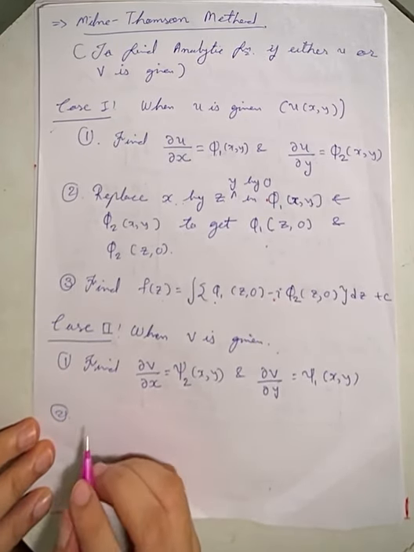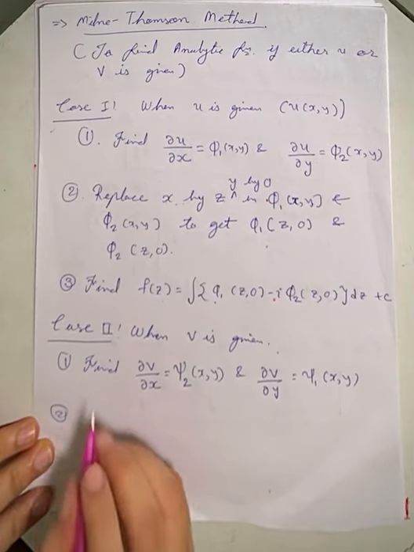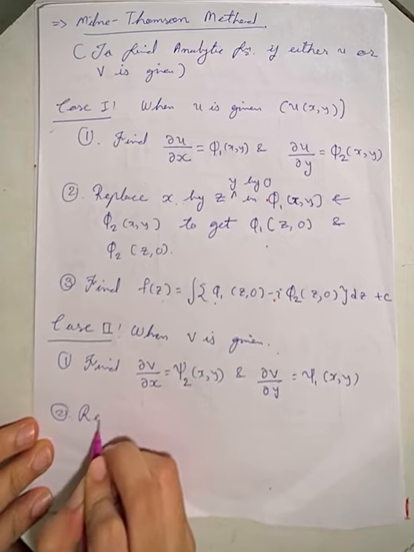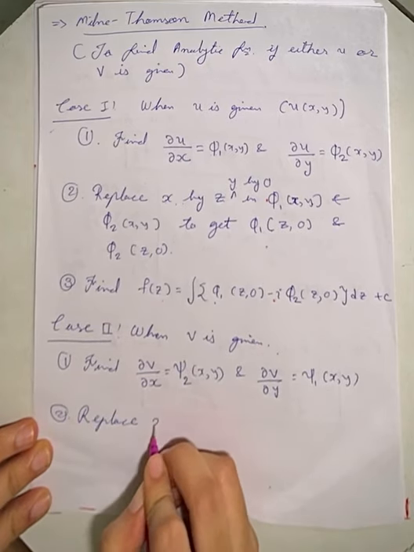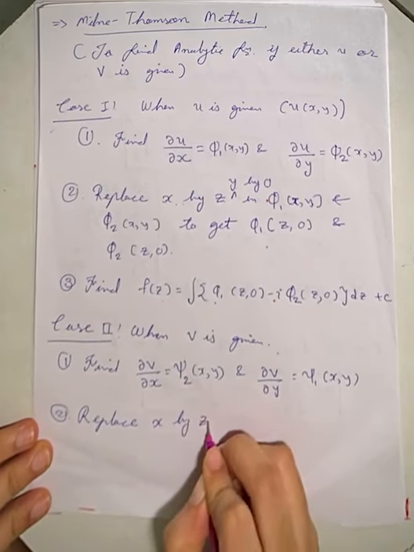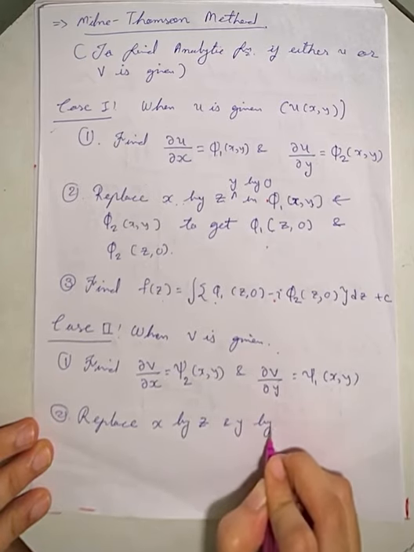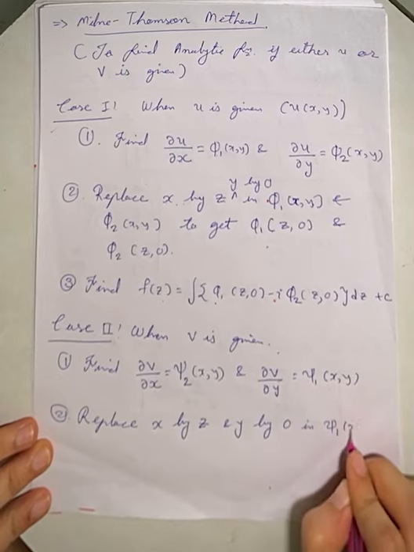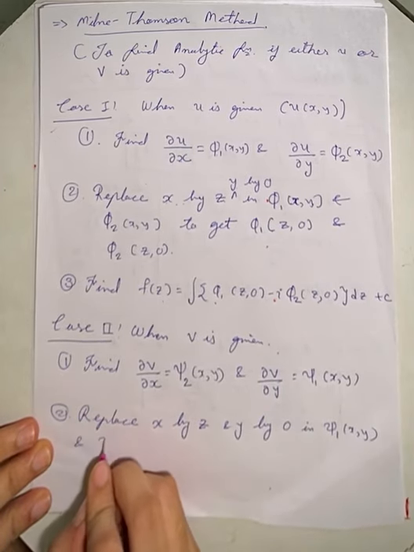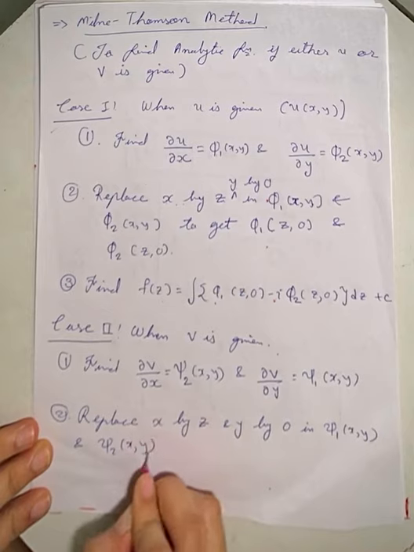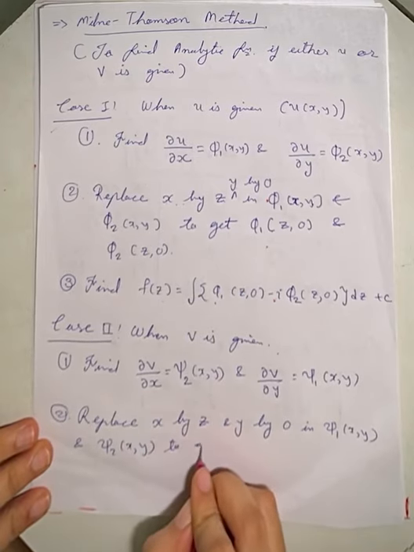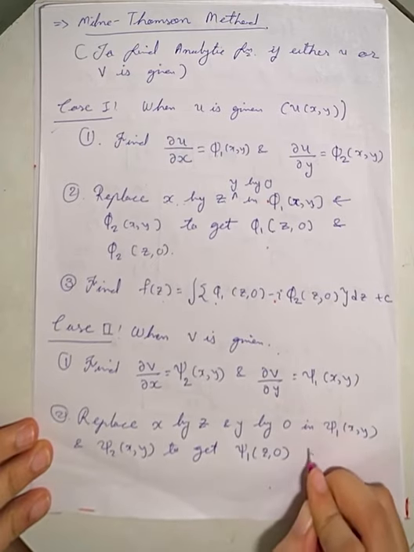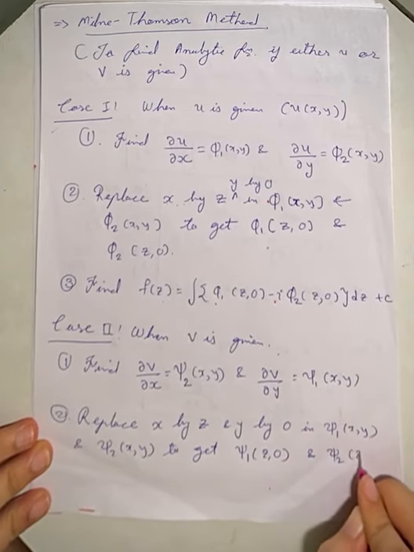The second step is the same: replace x by z and y by 0 in psi 1 of xy and psi 2 of xy to get psi 1 of z,0 and psi 2 of z,0.